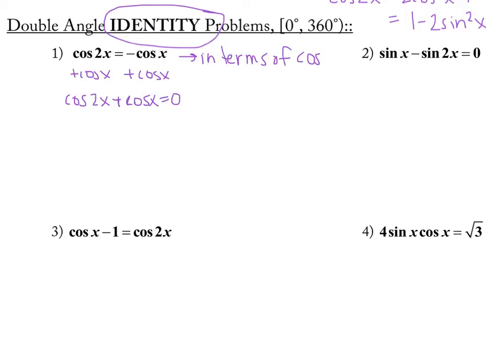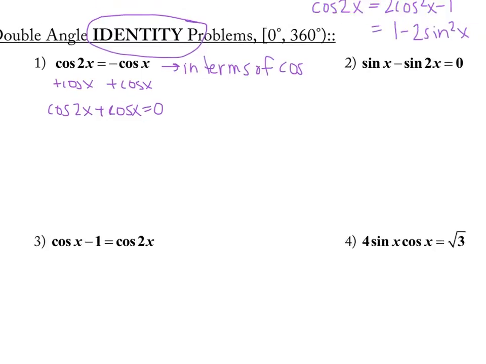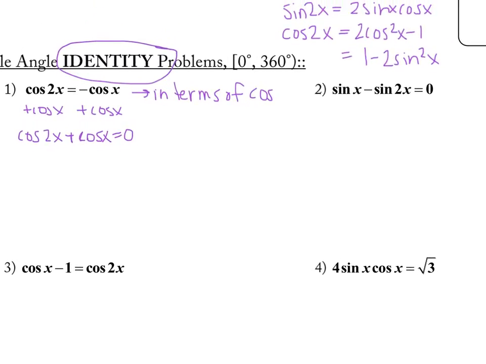Okay. And once again, we want to try to get this in terms of cosine, so that we don't have to do rotation, so that we can go ahead and substitute the double angle identity in. Well, if we go back to what I wrote up here, we have two different cosine double angles that we listed. Okay, we want it in terms of cosine, so we're going to use that first one.